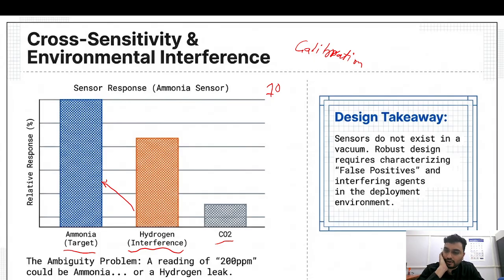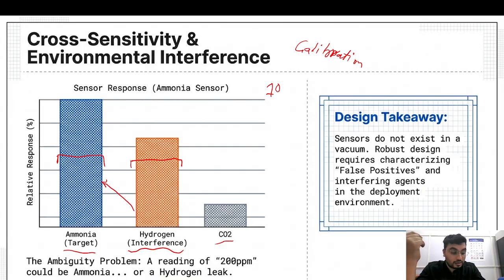So the sensor does not exist in a vacuum. What is written here is that robust design requires characterization of false positives and interfering agents in the development environment. You are capitalizing the sensing for ammonia, and you are getting interference from hydrogen also.